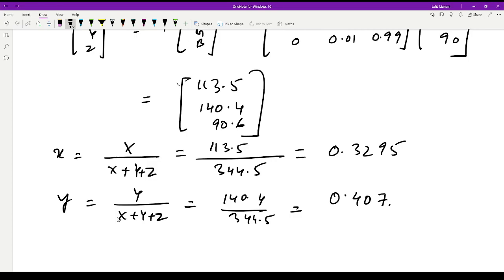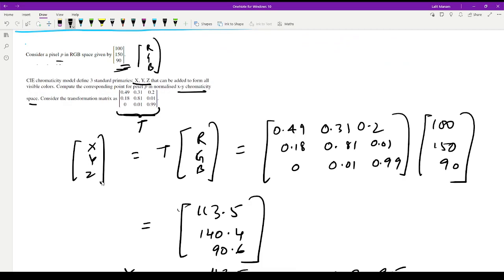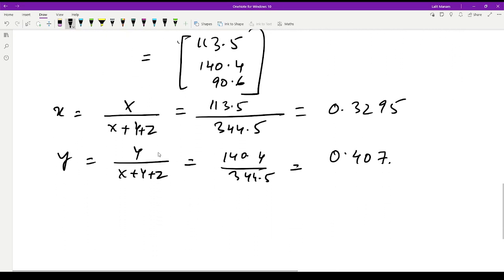So why do we need this small x and small y space? What's the use? Maybe converting the color in three-dimensional format to two-dimensional format. Yeah, we want to convert it to two-dimensional format.